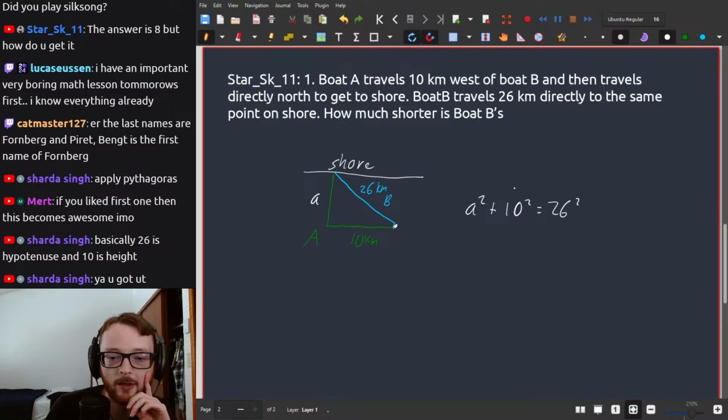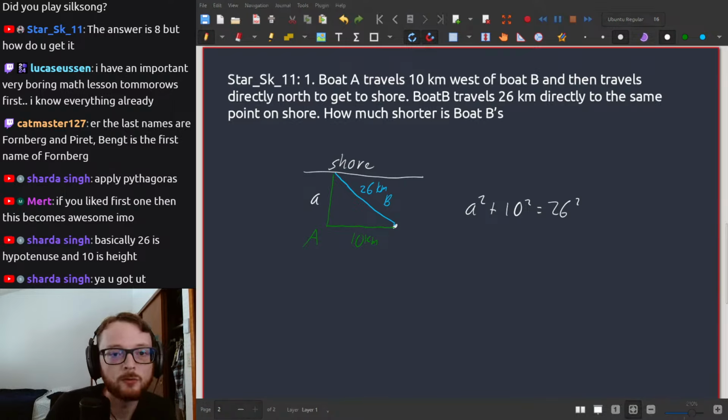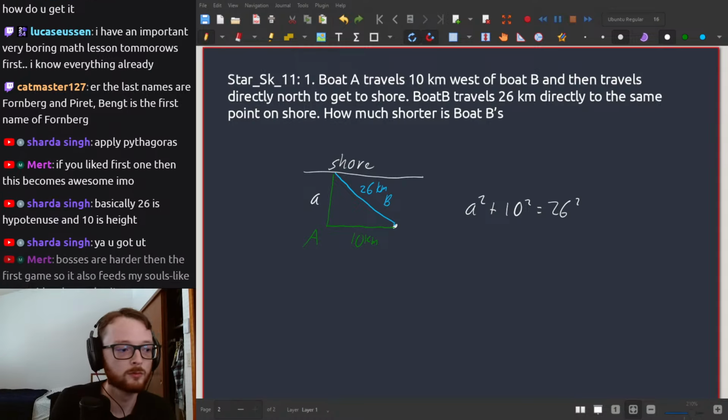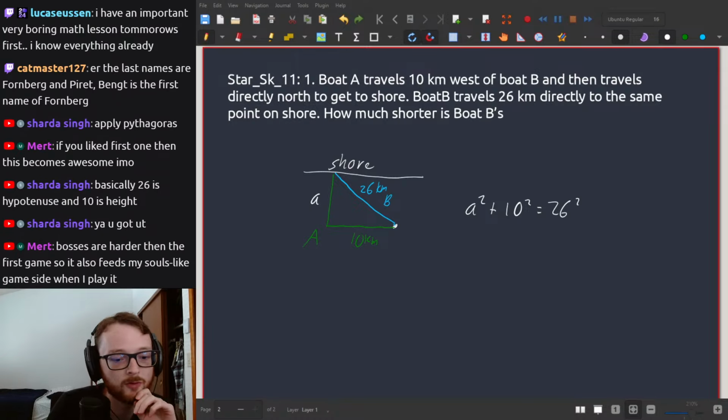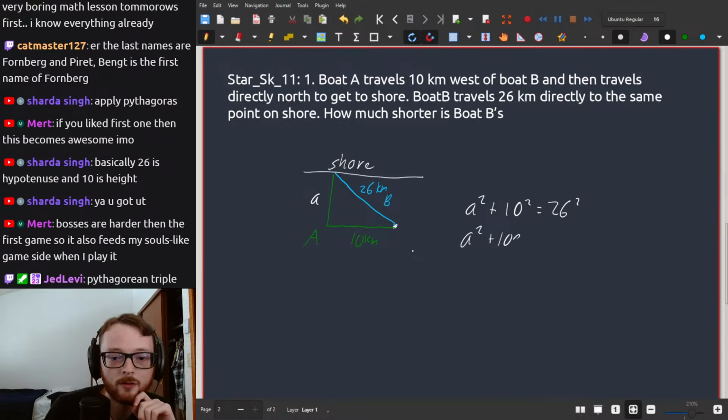Now solve this for a. 26 squared, I feel like I should know that, but I don't. 676. That feels like a very symmetric number. Oh, it is a triple.